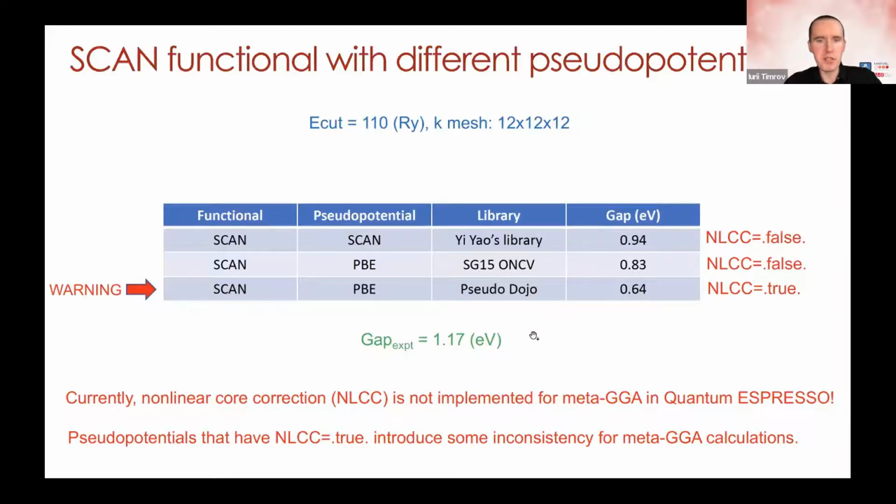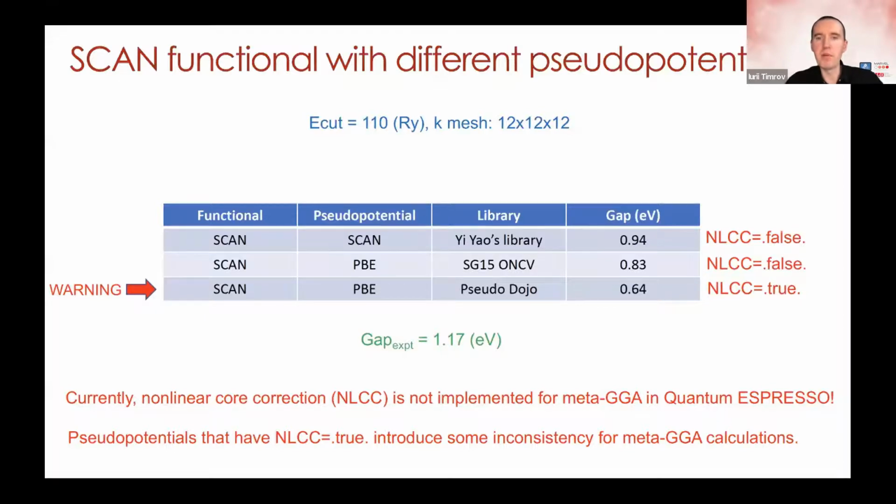The take-home message is to just pay attention to this. When you run SCAN calculations and you choose some PBE pseudopotential, pay attention whether it contains the nonlinear core correction or not. And actually, the same problem holds also for hybrid functionals like HSE06 or PBE0.